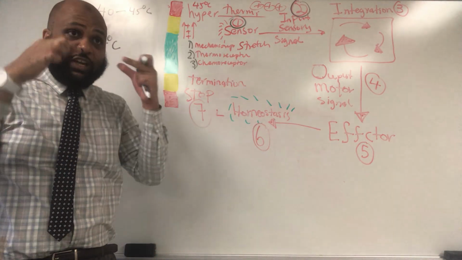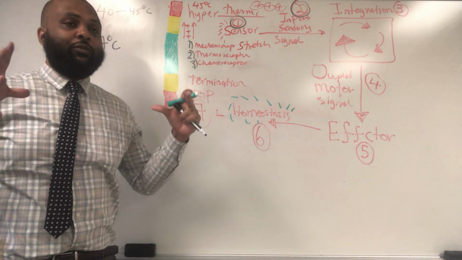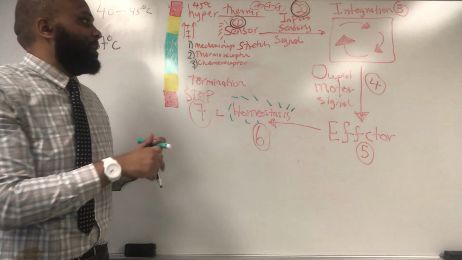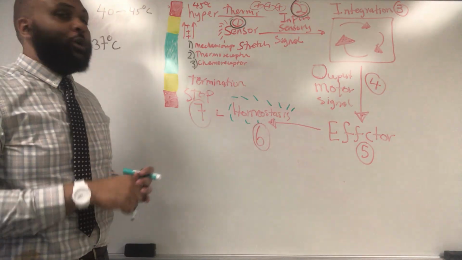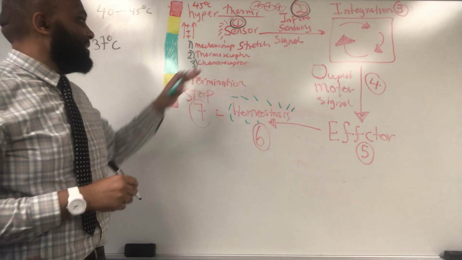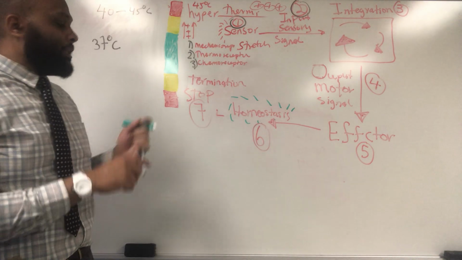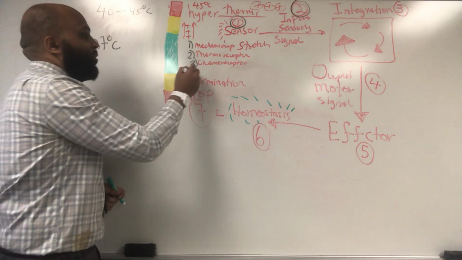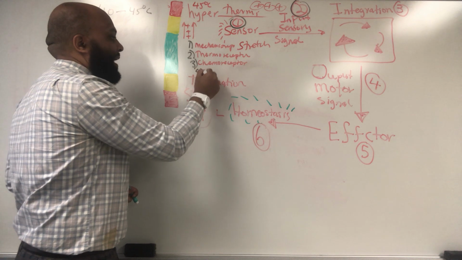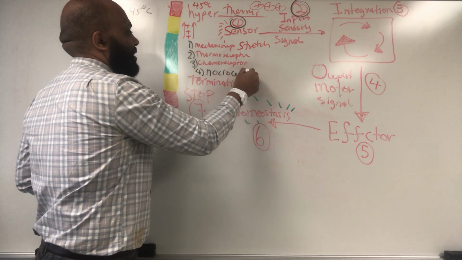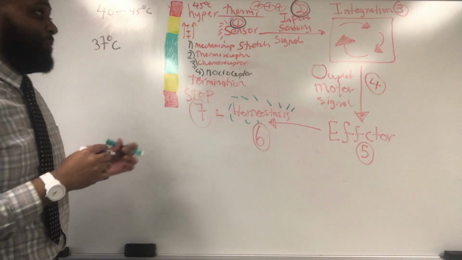When we detect stretch of blood vessels for blood pressure, or stretch of the cervix, that's a mechanoreceptor or a stretch receptor. But when we detect heat, that is detected by a thermoreceptor. When we detect pain, there is a separate type of receptors for pain known as nociceptors.